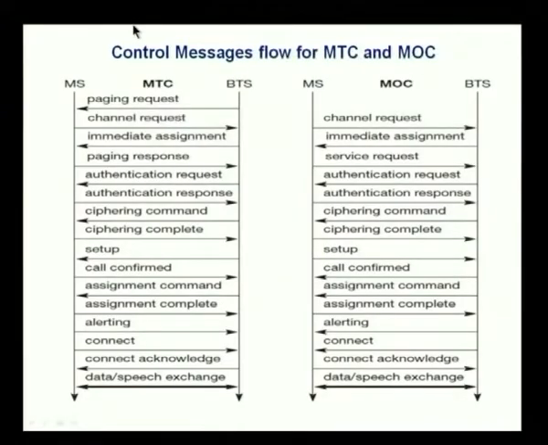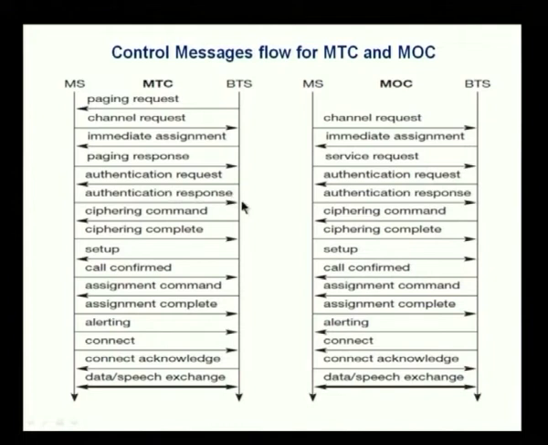This diagram is about the flow of control messages in a mobile terminated call as well as a mobile originated call. Here we can note that the BTS, or base transceiver station, is sending the authentication request. This is nothing but the authentication request generated by the BTS. Now the user or the mobile station has to send back the authentication response to the BTS.